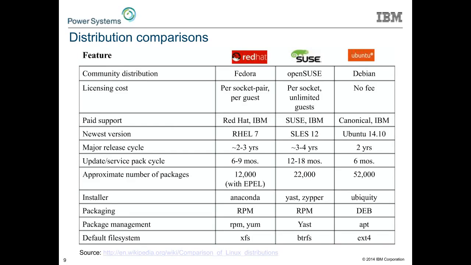Each of these three environments basically charge differently, and the next two rows are really about where the cost is in this environment. Red Hat and SUSE both have a licensing-based cost. Red Hat does it per socket pair, per number of guests you're going to run on that socket pair.